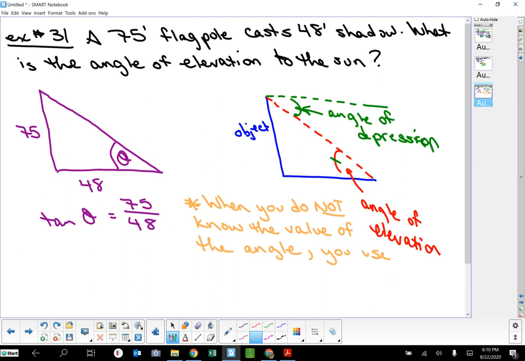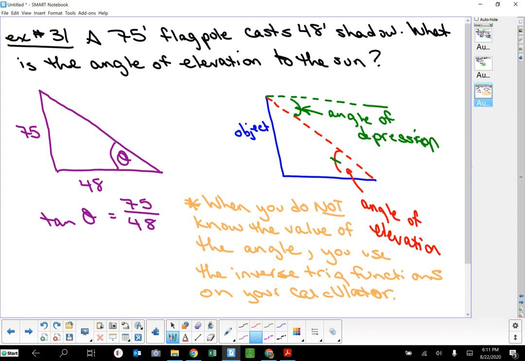you use the inverse trig functions on your calculator.